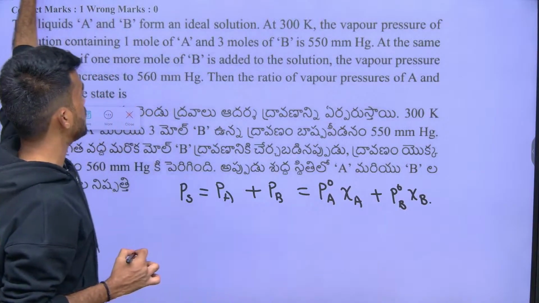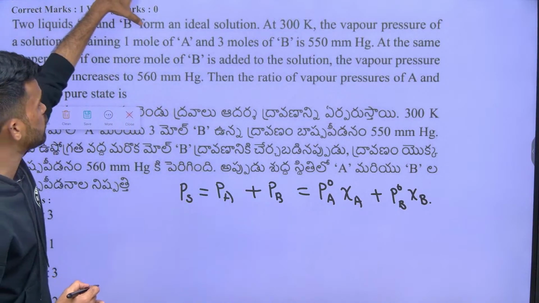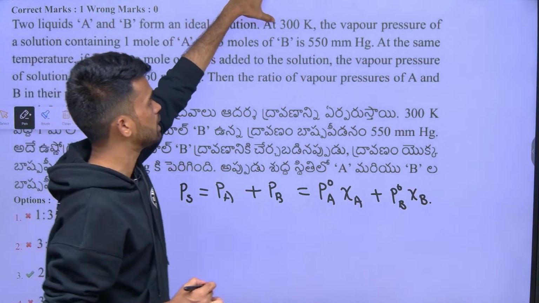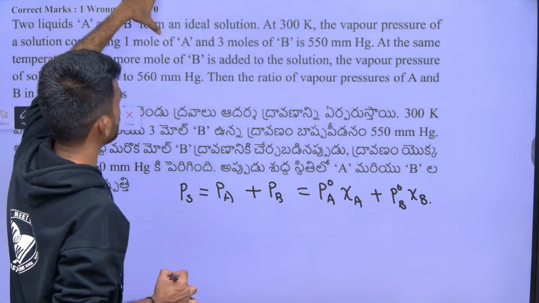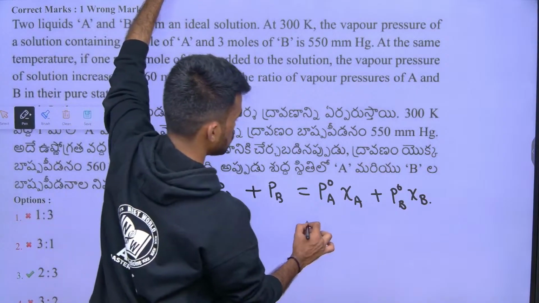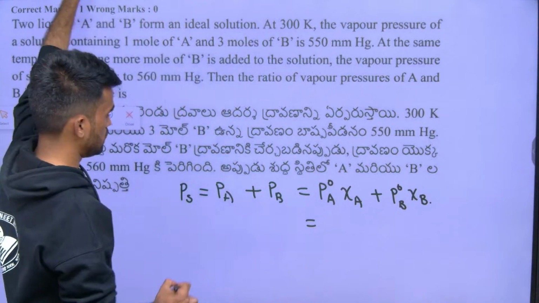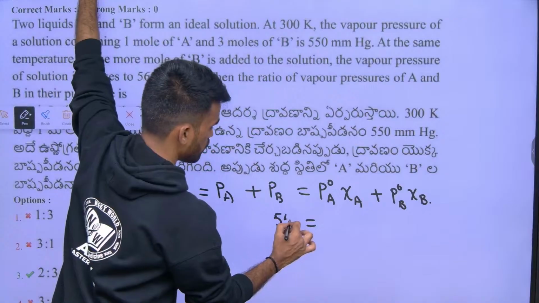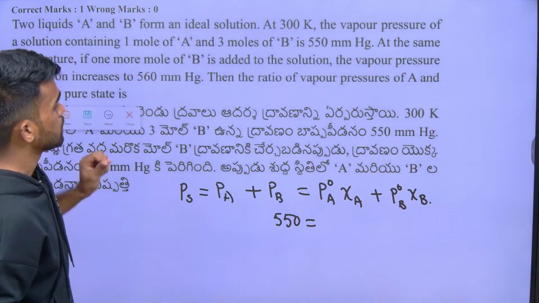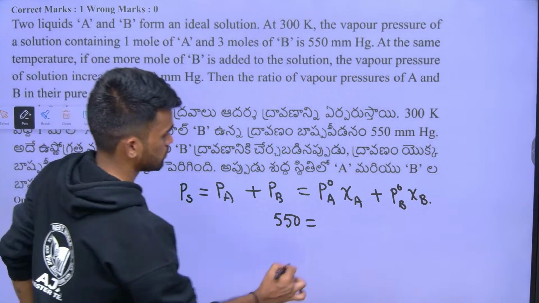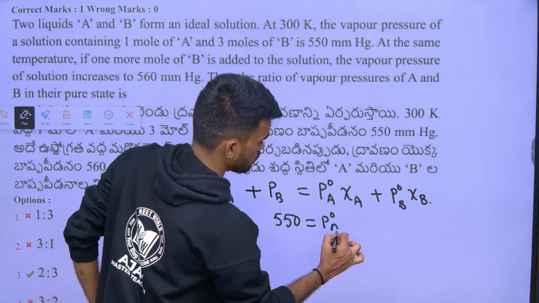Two liquids A and B form an ideal solution at 300 Kelvin. The vapor pressure of a solution containing 1 mole of A, and the total pressure is 550. Here I am writing P naught A as it is; this is what we need to find, the ratio.